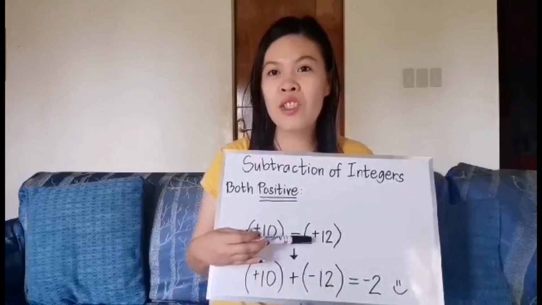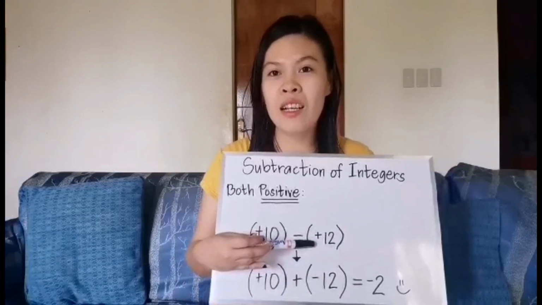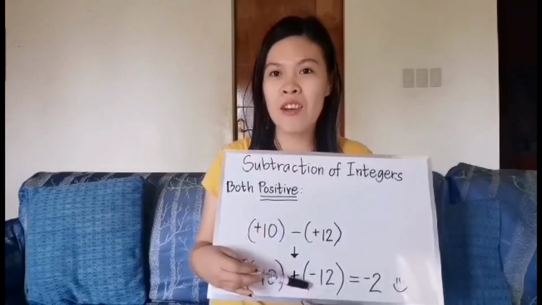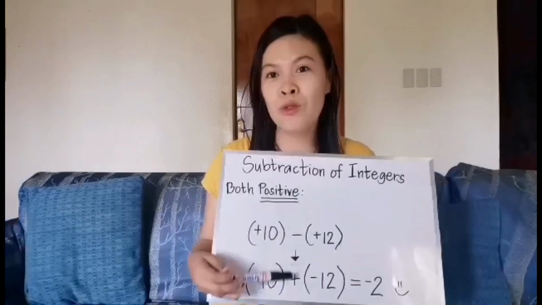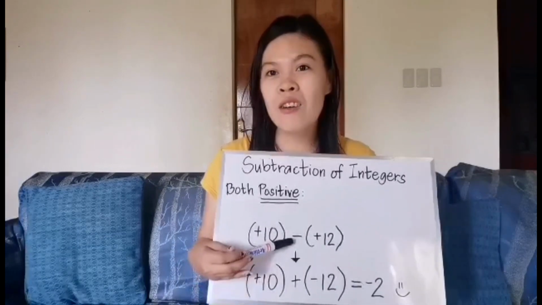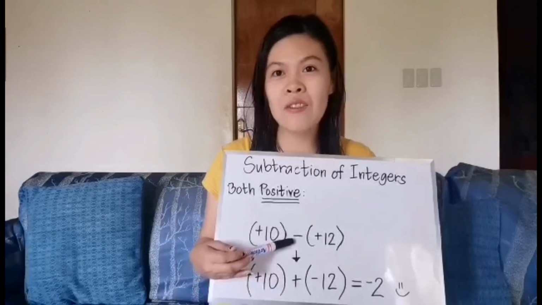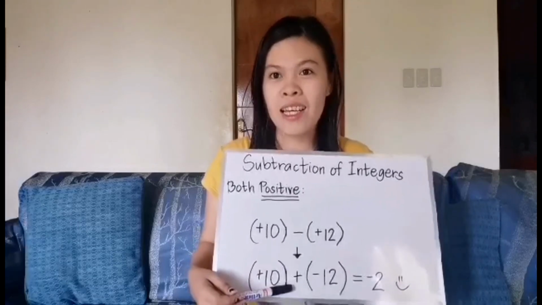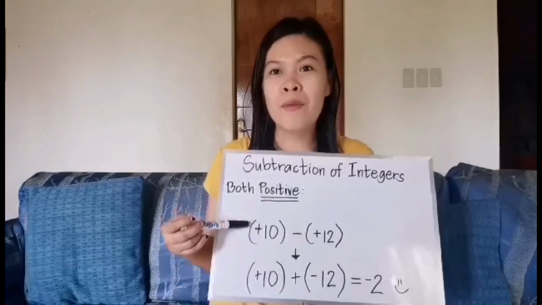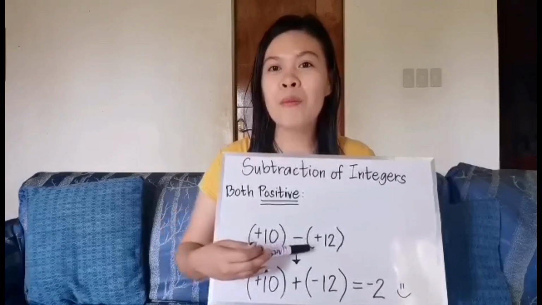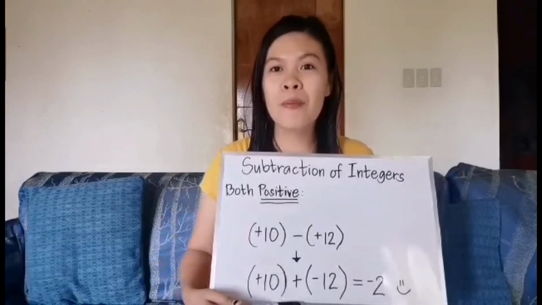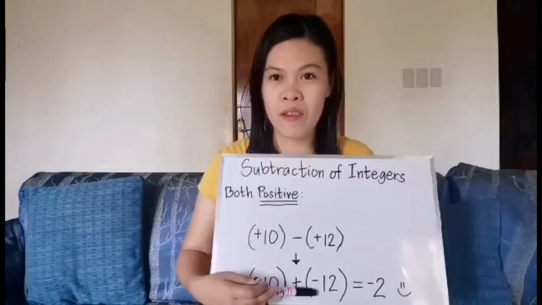So, after we change the sign of the minuend from positive to negative, magpo-proceed tayo to addition, instead of subtraction. Kaya from positive 10 minus positive 12, ito ay magiging positive 10 plus negative 12.